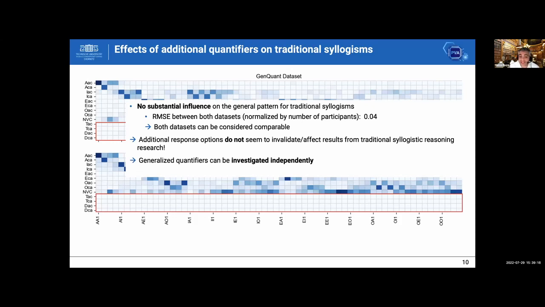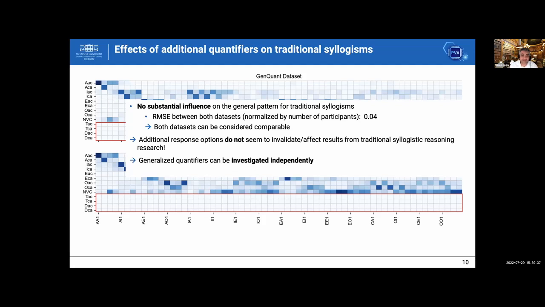In that sense, additional response options, in the sense that we can offer people most, do not seem to invalidate or affect the results from traditional syllogistic reasoning research. This is good news because generalized quantifiers can then be investigated independently.